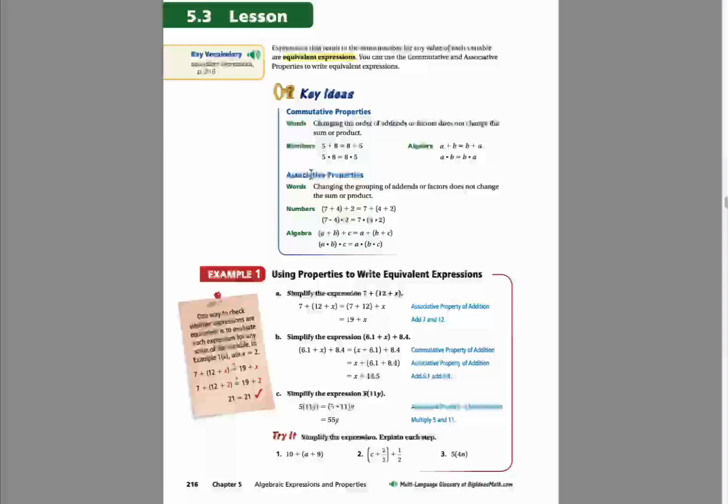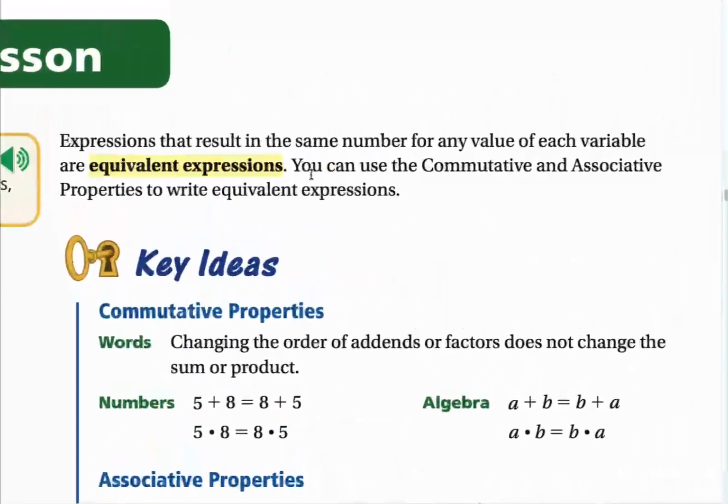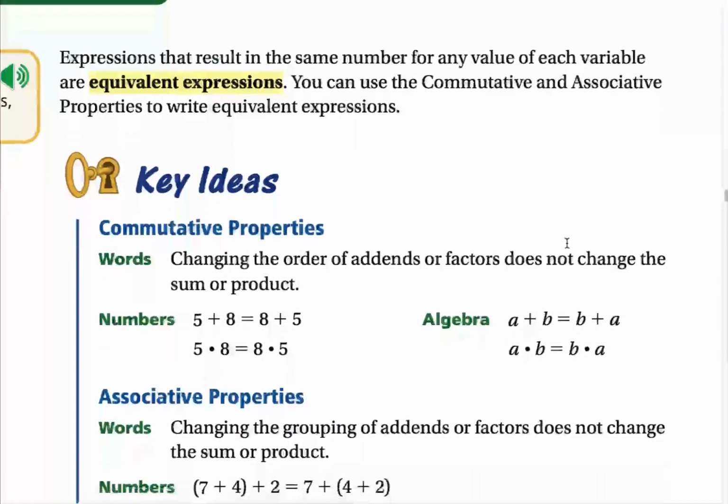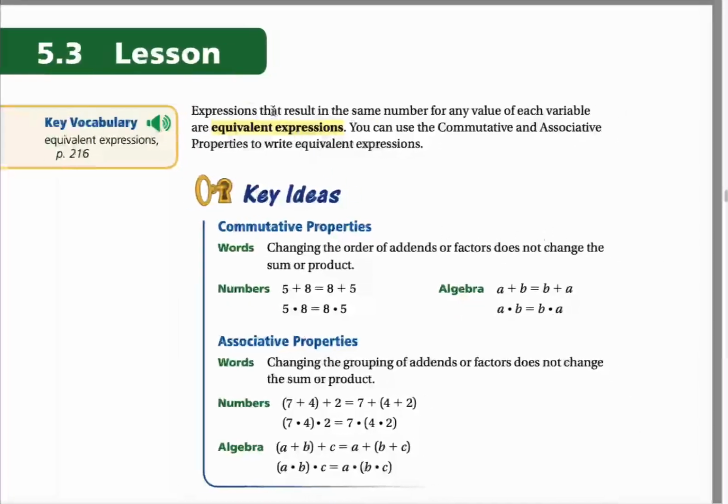But also we need to see something here in the top. In the top here, you have expressions that result in the same number for any value of each variable are equivalent expressions.